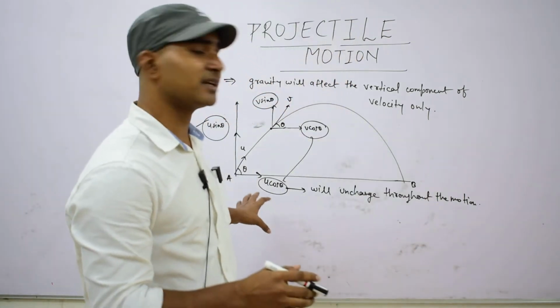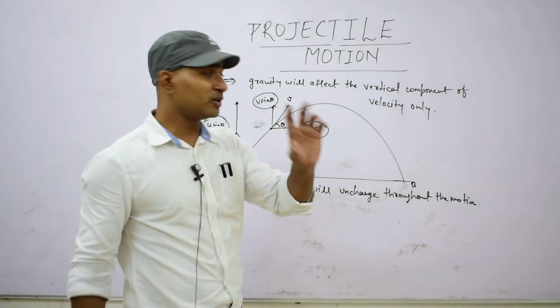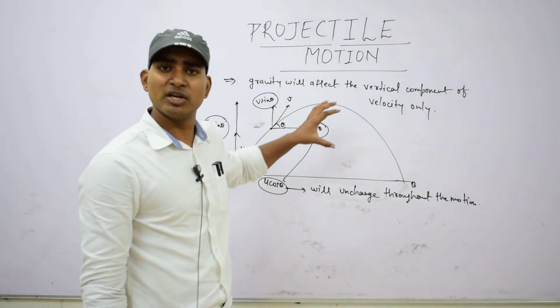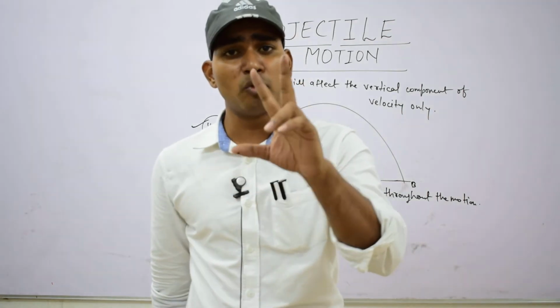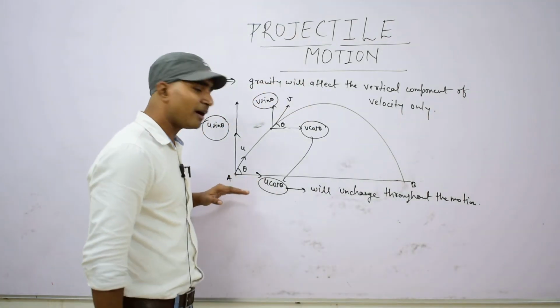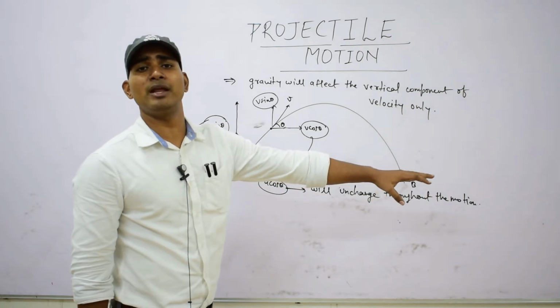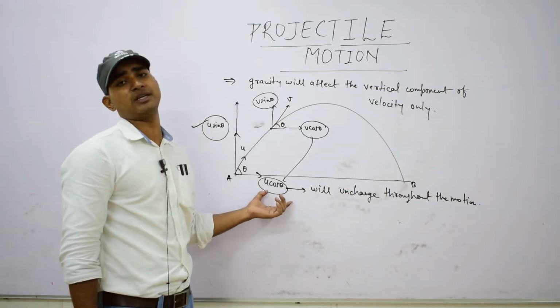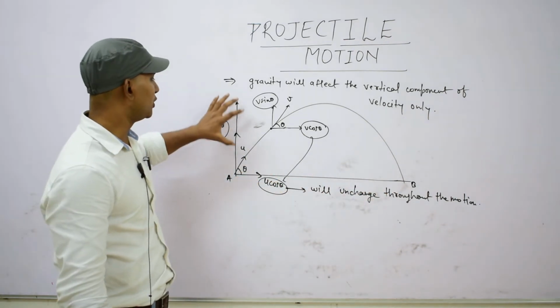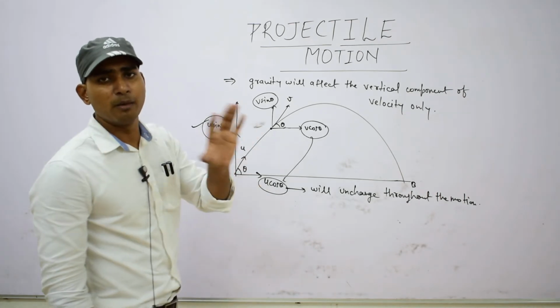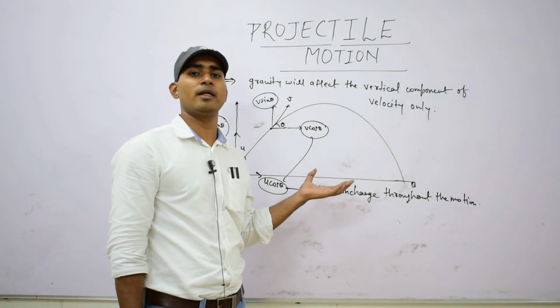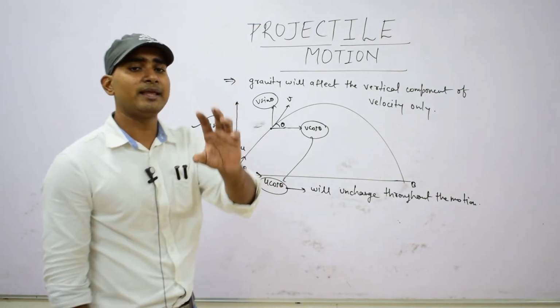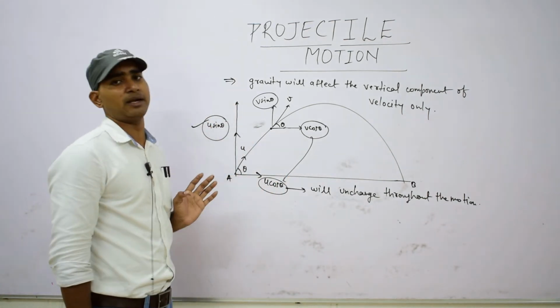This is a case of motion in a plane, and motion in a plane can be broken into two portions, motion in 1D. If I am considering horizontal motion only, then I have to take only the U cos theta component. We will not consider the vertical component. But if I am considering the vertical motion of this body during its projectile motion, then I have to take the U sin theta component.